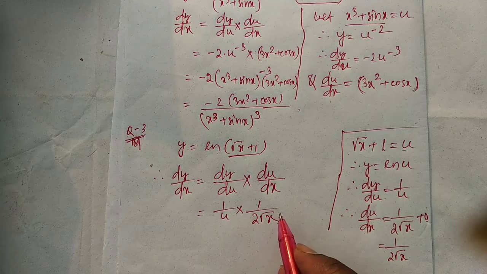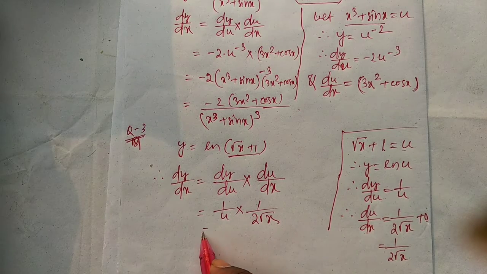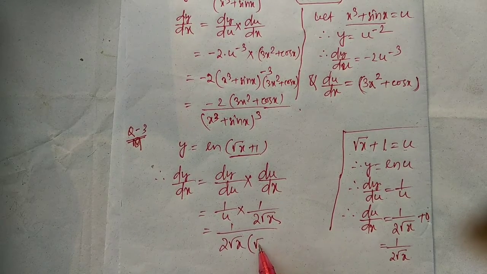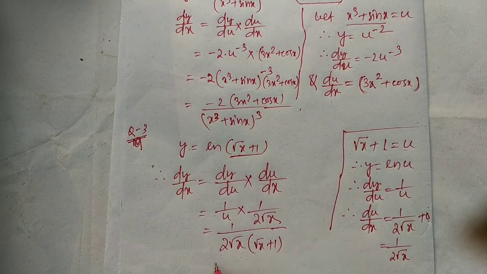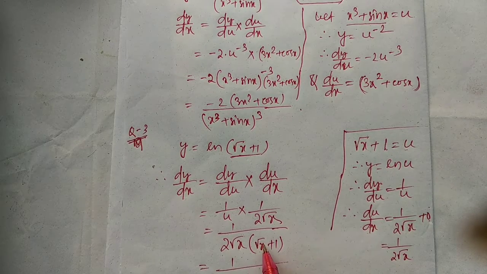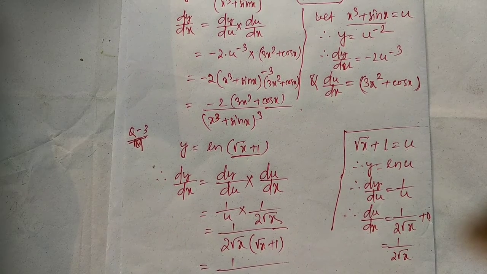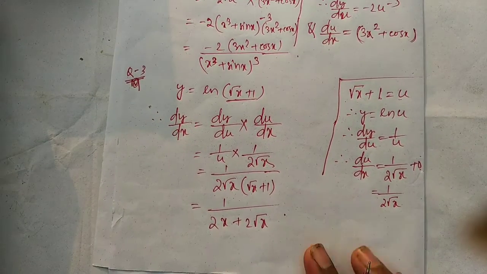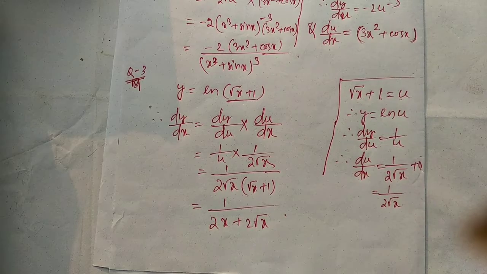So replace the value of u, that is 1 by 2 root x, and the value of u will be root x plus 1. So our final answer will be, just multiply this quantity here, 1 upon 2x plus 2 root x. This is our final answer.